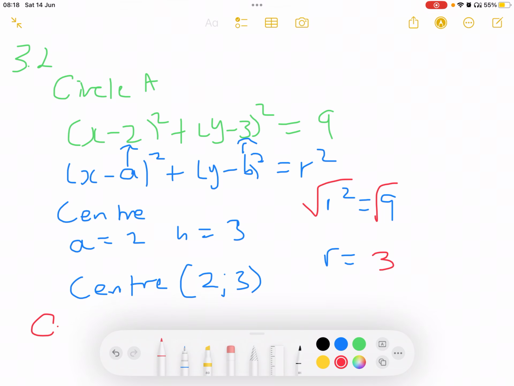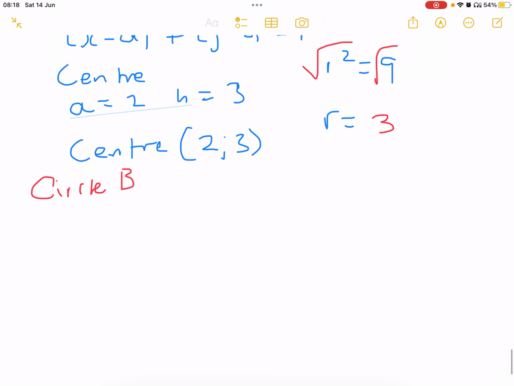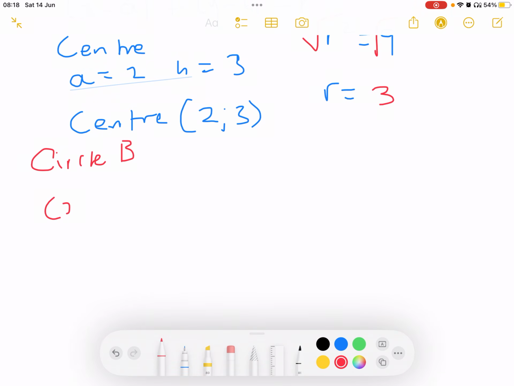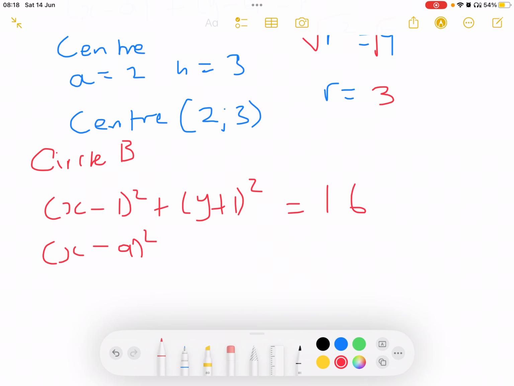Then circle B is similar: (x − 1)² + (y + 1)² = 16. Now (x − a)² + (y − b)² = r², as we related to the general equation.